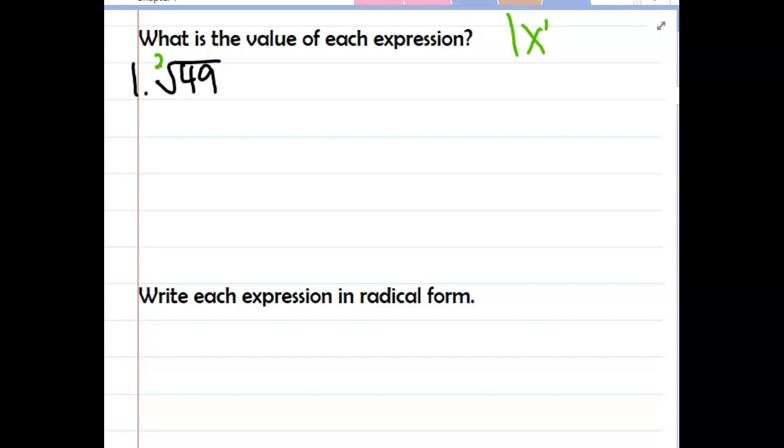Because we would call it a square root, which means what number squared, what number times itself 2 times gives me 49? What number squared gives me 49? 7. 7 times 7 gives me 49, so the square root of 49 is 7. Okay, what about the cubed root of 27?